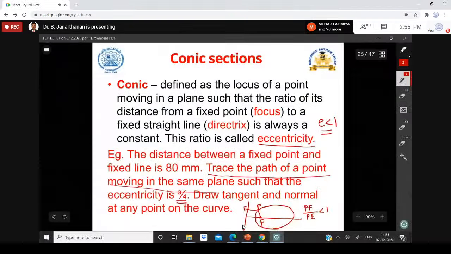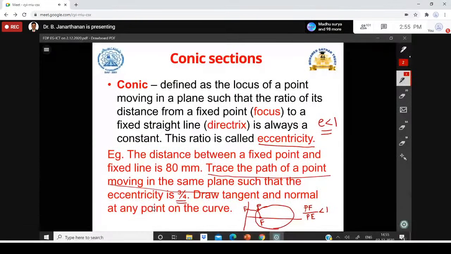The question is given here not to solve this, but to understand that the curve asked, tracing the path of a point moving in the same plane, the locus of the moving point, is an ellipse. Students have to understand this question first to answer it.